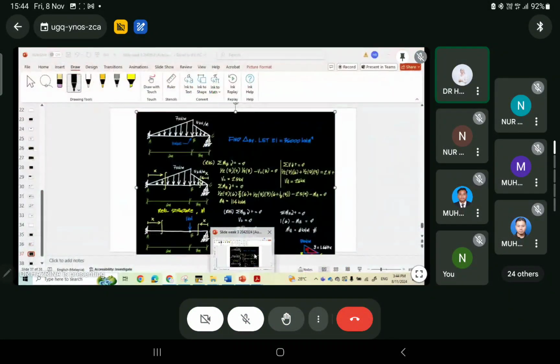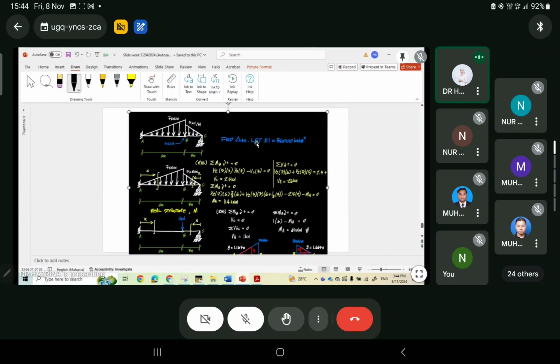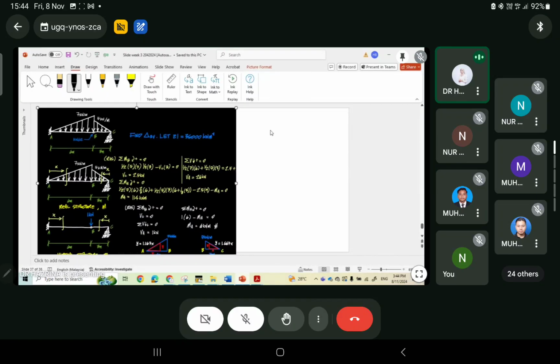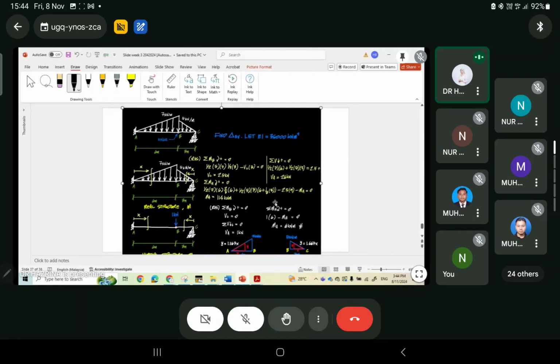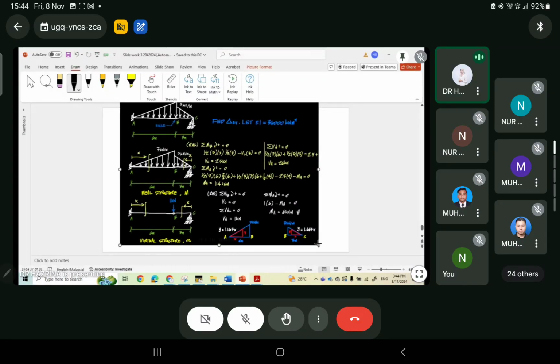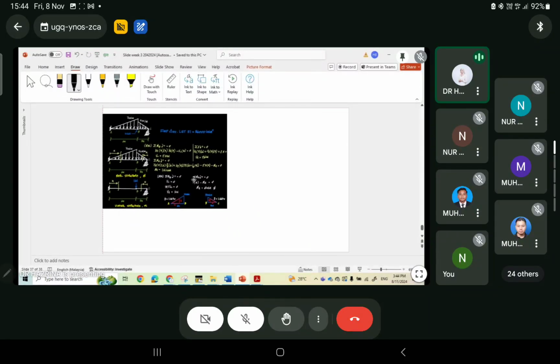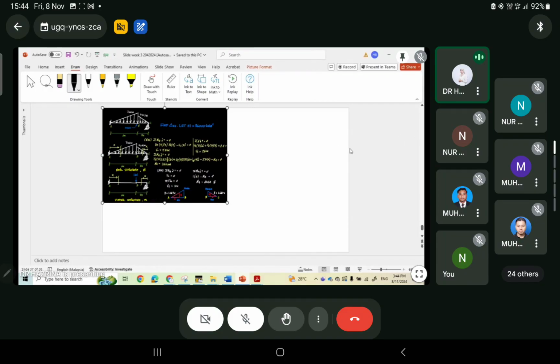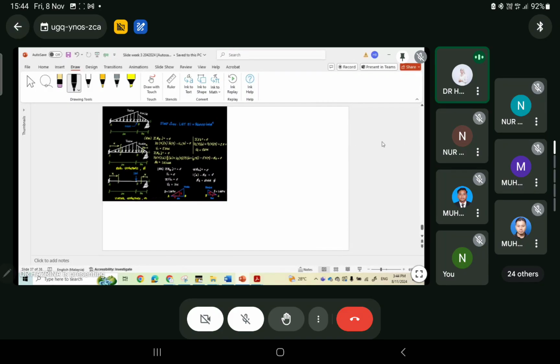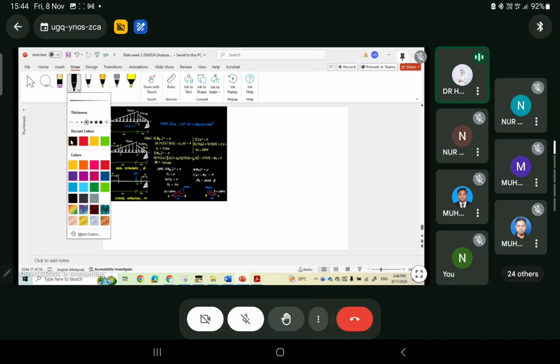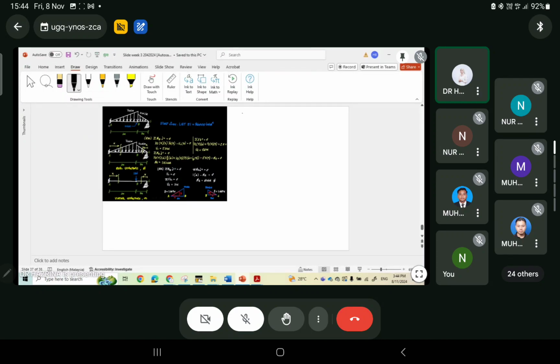So for this one, basically here are the questions given to you. Of course, there will be various types of loading given to you during the exam later.